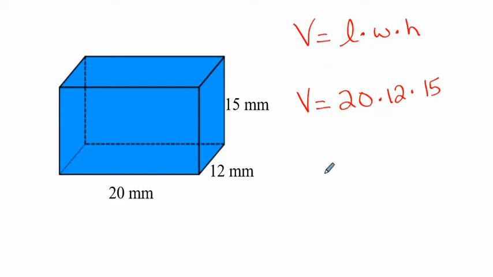At this point I would grab my calculator and say 20 times 12 times 15, and that equals 3,600. Now, it's volume, so I put the units to the third power because we looked at length, width, and height. So the volume equals 3,600 cubic millimeters.